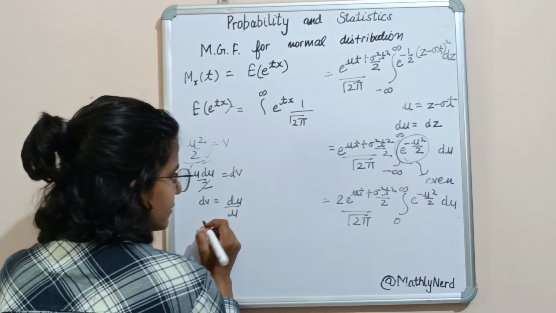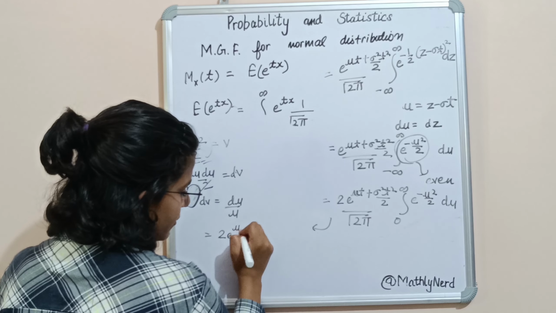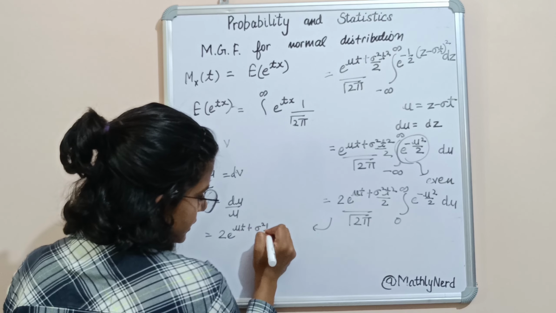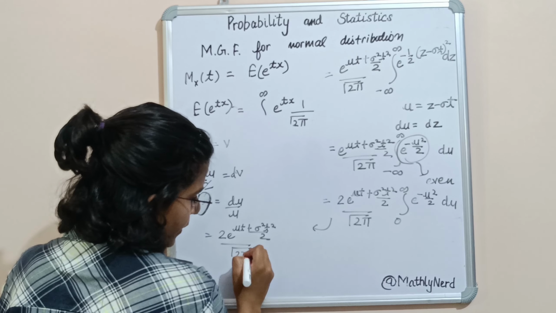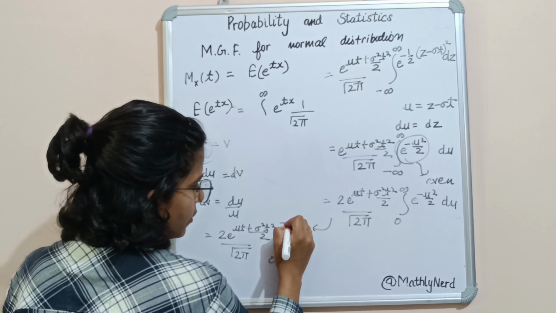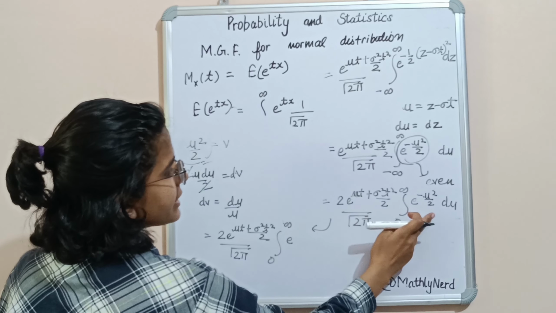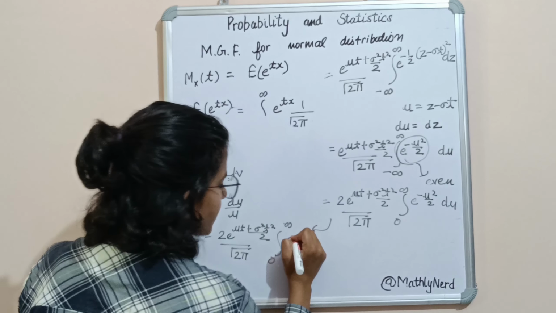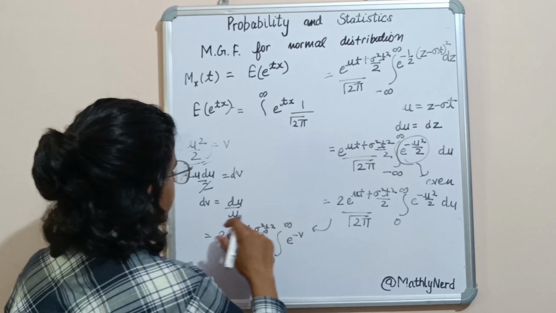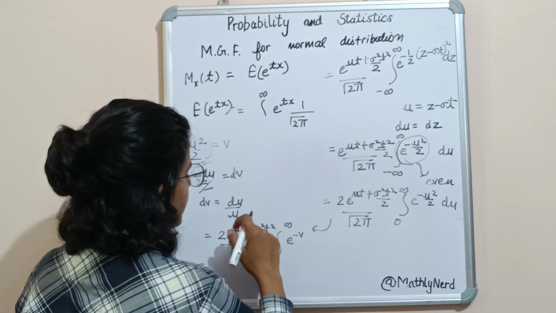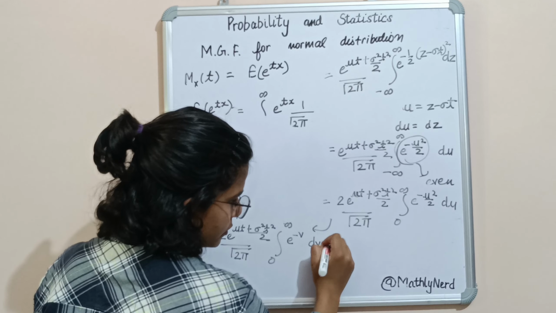Now if we replace the values, this will be 2 times e raised to power mu t plus sigma square t square divided by 2, divided by under root 2 pi, integration 0 to plus infinity, e raised to power minus u square by 2 will be e raised to power minus v, and du will be dv by u.